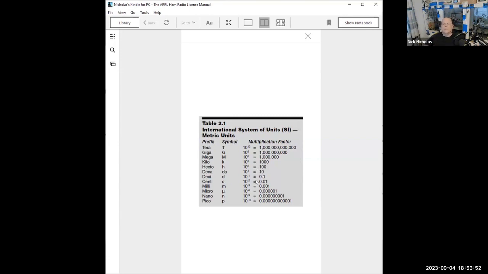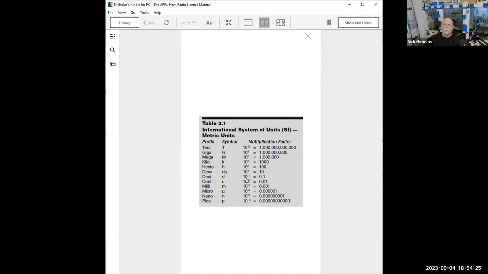You'll also find large numbers for resistors. A standard unit of measure for a resistor is an ohm, but it isn't unusual to use 1,000 ohms, which is a 1 kilo ohm resistor, or 1,000,000 ohms, a mega ohm resistor. So you need to know these, and this chart, table 2.1, I highly suggest that you study it carefully and get familiar with it, at least from the base unit.